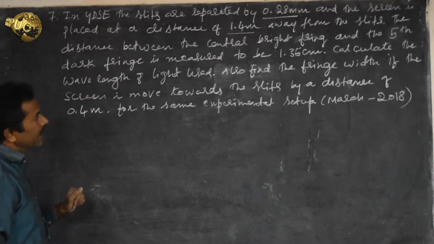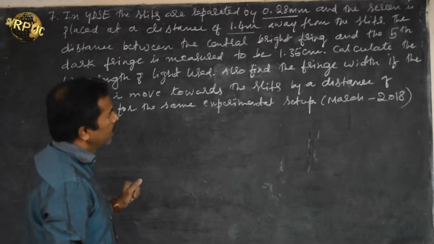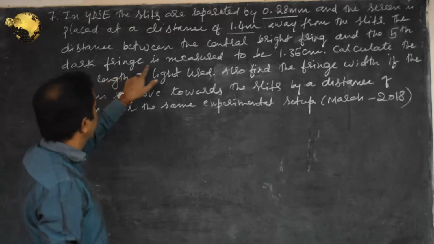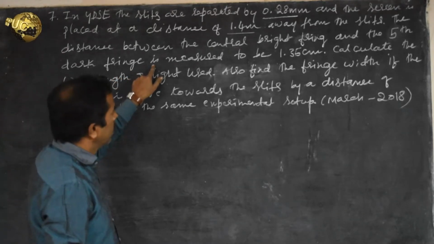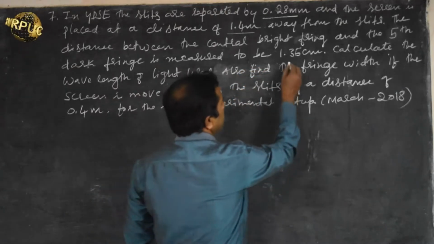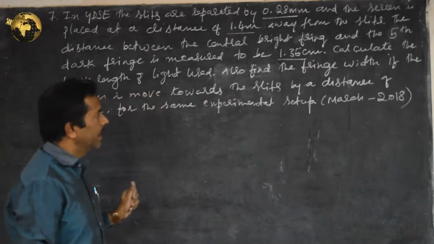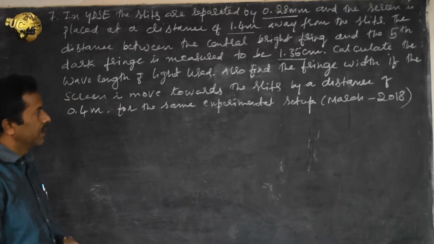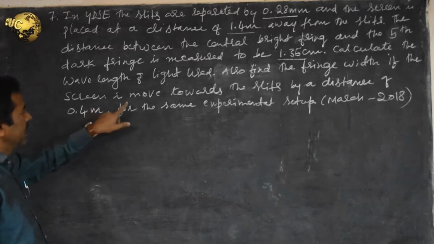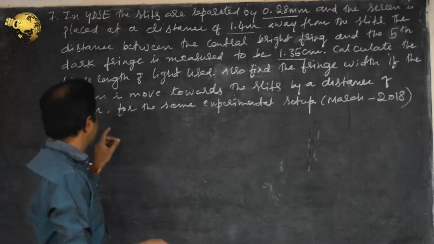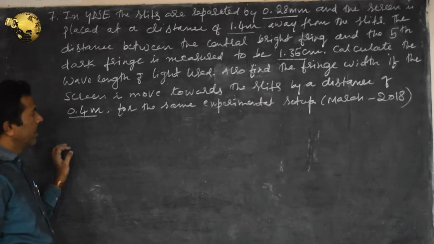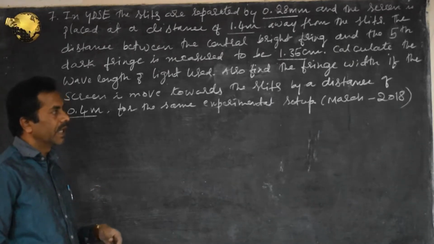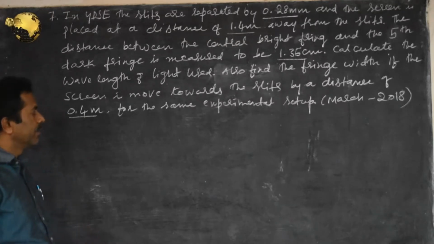The distance between the central bright fringe and the fifth dark fringe is measured to be 1.35 centimeter. Calculate the wavelength of light used to find the fringe width if the screen is moved towards the slit by a distance of 0.4 meter from the experimental setup. This question has been asked in March 2018.